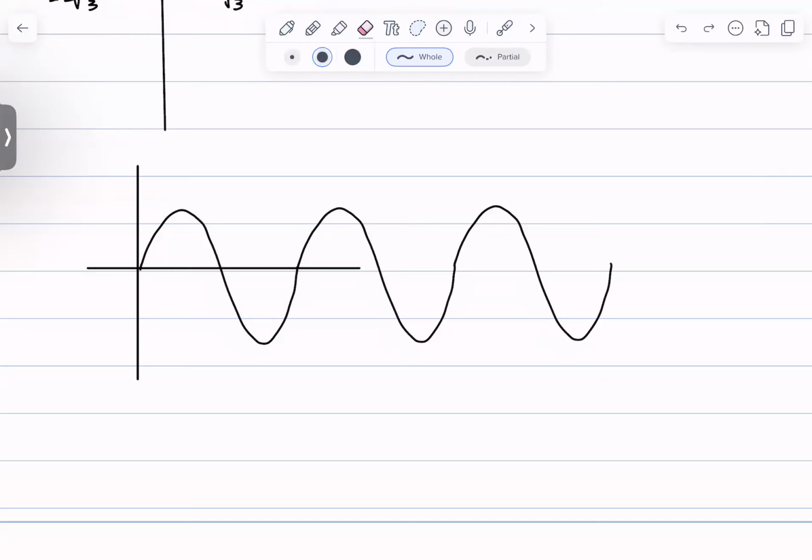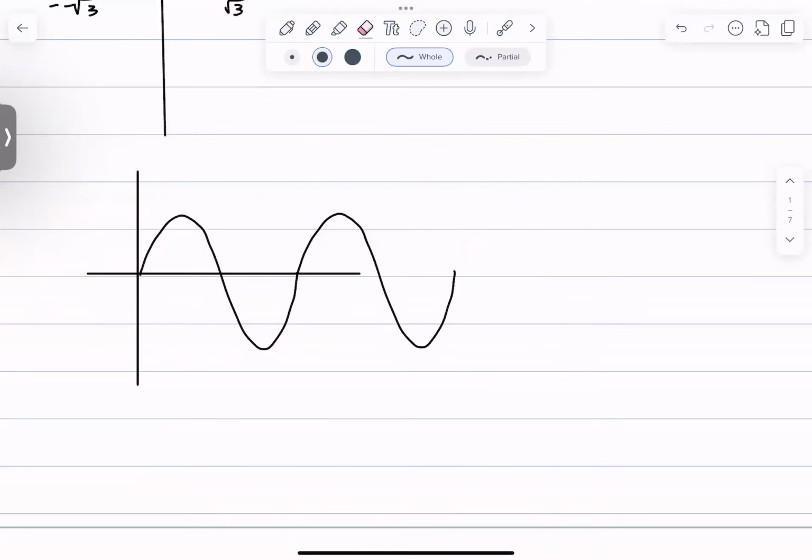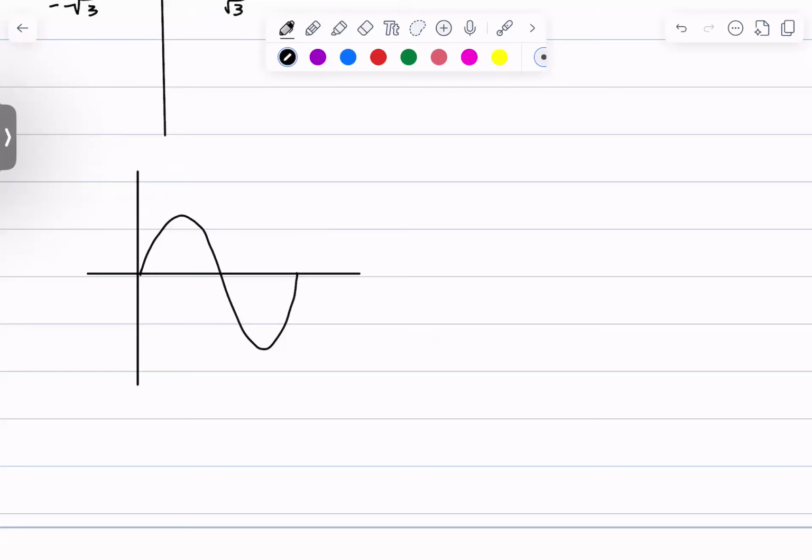Okay, so since sine has a period of, what's the period of sine? What's the size of one of these curves? Do we remember? 2 pi, right? Yeah. So you know that this will repeat every 2 pi units.